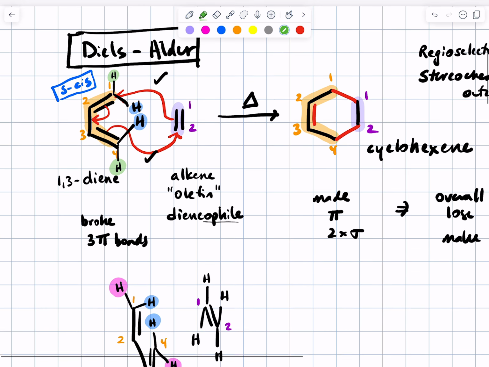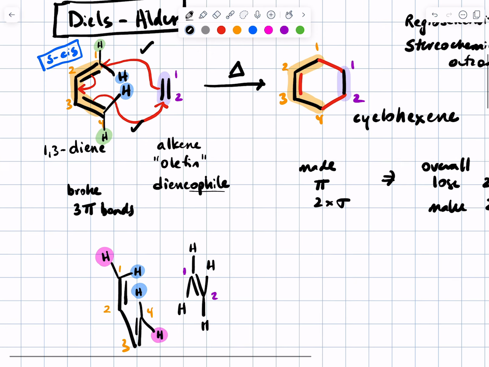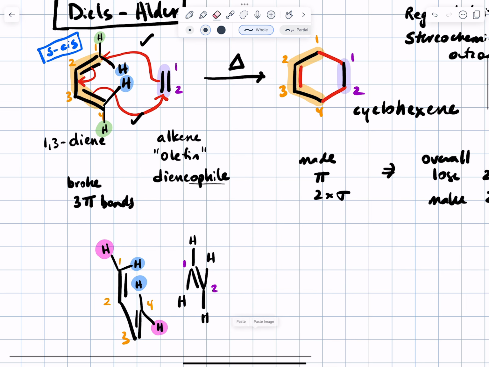Similarly, pay attention to the fact that on the olefin, why did I choose pink? I meant green. Oh well. On the olefin or the dienophile, you have groups that are pointing upwards and groups that are pointing downwards.